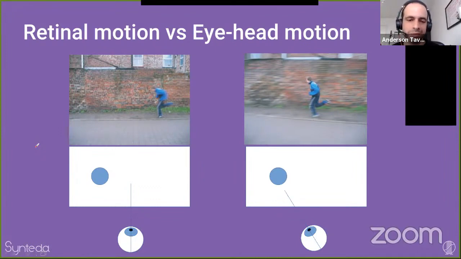So there's a combination between the changes in our retina and the changes in the movement of the eye. So we could think of the eye movement as an IMU in our engineering case, where we can track the orientation of the sensor.